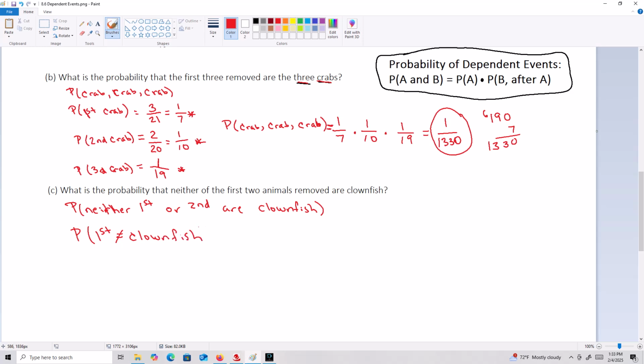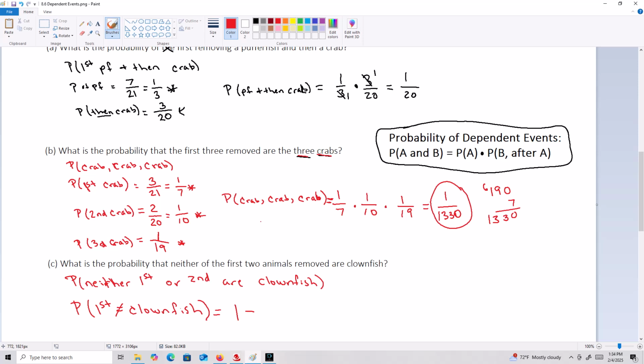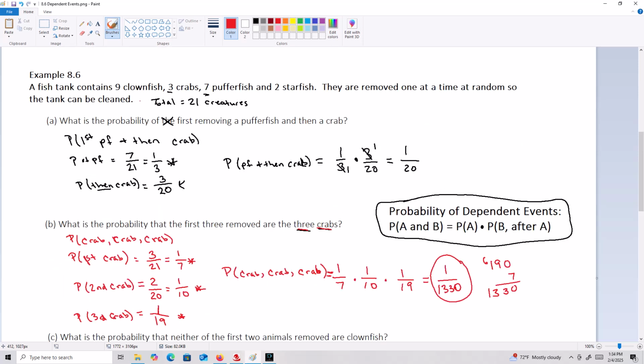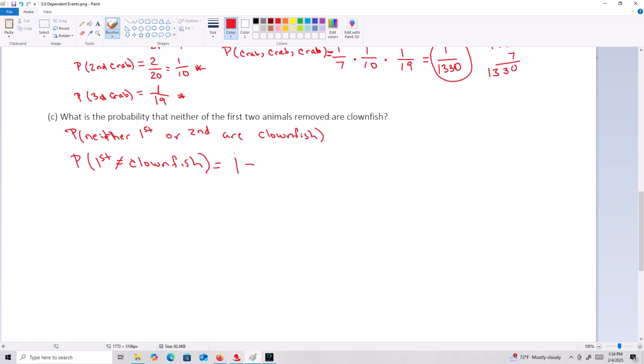To find that, remember we're going to be talking about the complement to the first being a clownfish. So we take the probability, remember the sum of all the probabilities is going to equal 1. So we're going to do 1 minus the probability of getting the clownfish. The probability of getting the clownfish there: there are 9 clownfish out of a total of 21. 9 out of 21.